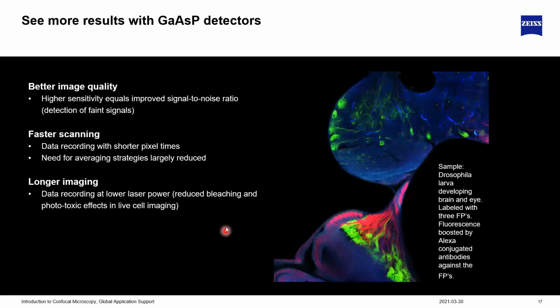Now, this doesn't only mean that I have a nicer image, because nice images are one thing, but this also means that since I'm having higher signal to noise ratio, I'm able to scan faster because I don't need to spend too much time on one pixel. I'm getting enough signal with the gas detectors. That means I'm getting my images faster.